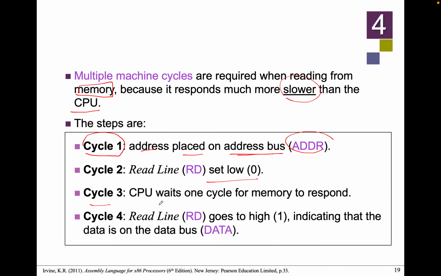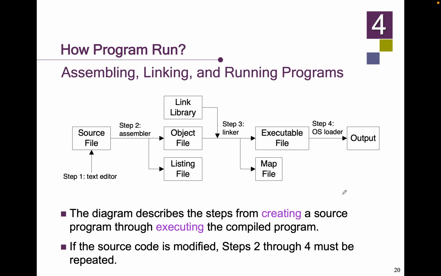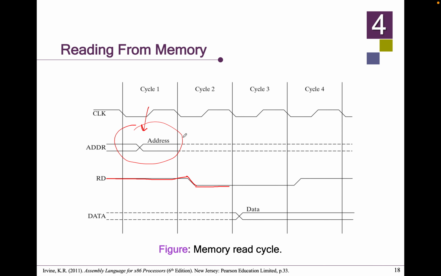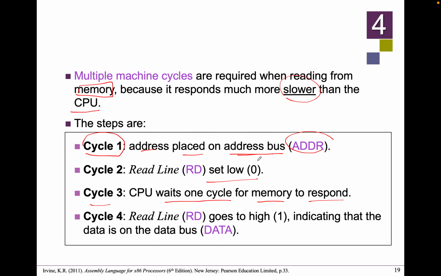Third, the CPU waits 1 cycle for memory to respond. Nothing basically happens here, but it waits for the memory to respond. In cycle 4, RD goes to 1, indicating that the data is on the data bus.